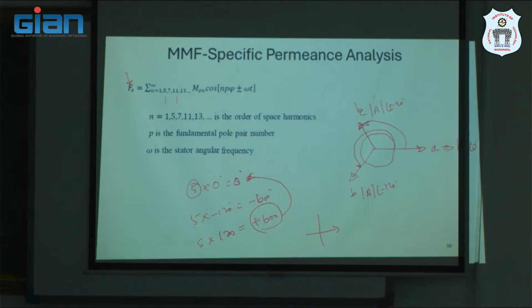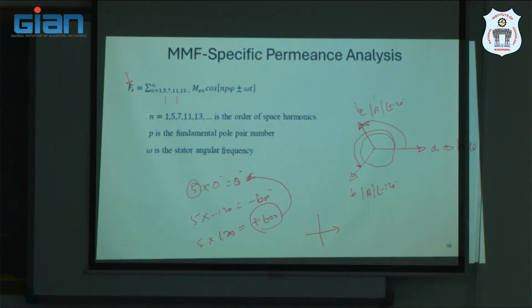So you go 360 degrees clockwise, then 240 degrees clockwise, you will end up here. Okay. So what we know for a fact is that for space harmonics, certain orders would result in inverted phase sequence. So fifth order would result in inverted phase sequence. Seventh order would result in the same phase sequence as the fundamental. 11th inverted phase sequence. 13th same, and so on. So this is simple mathematics. You can do and check that.